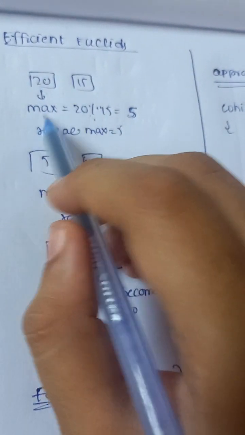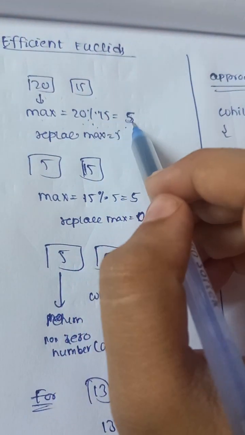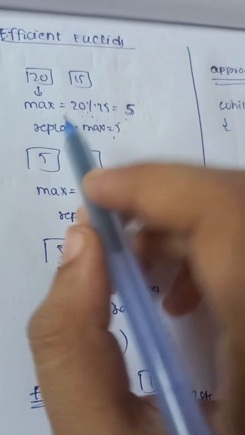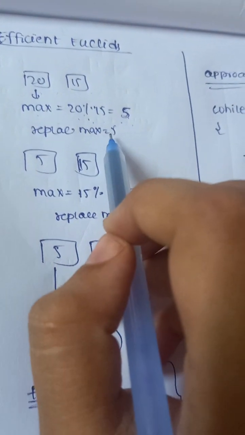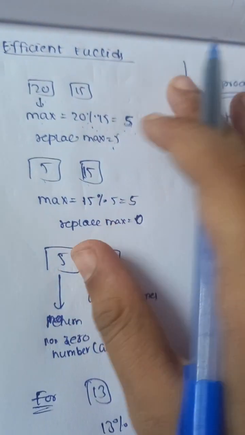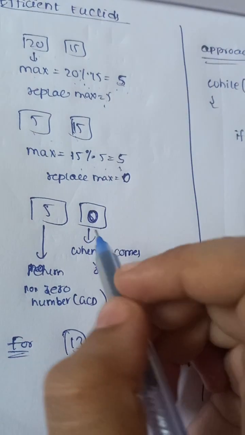First find the max number, then calculate the remainder and replace the max number with the remainder. So here the max number is 20, 20 % 15 is equal to 5, and replace the max with 5. Again calculate 15 % 5 and replace the 15 with 5.